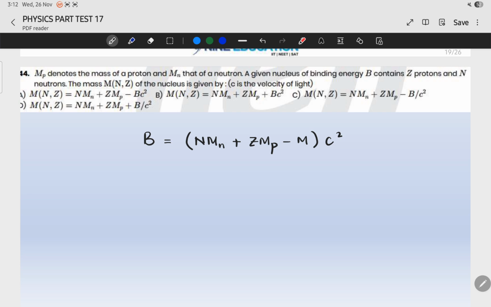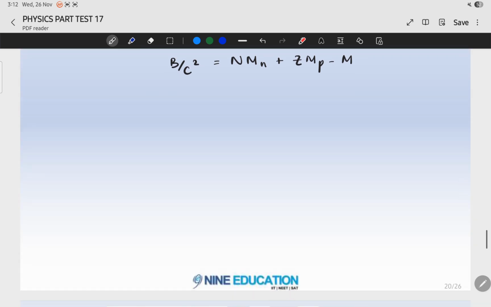If we shuffle it, we will get B by c square is equal to N Mn plus Z Mp minus M. So if we shuffle it, we will get our answer as C. Obviously these are wrong. B into c square does not even have the correct dimensions.